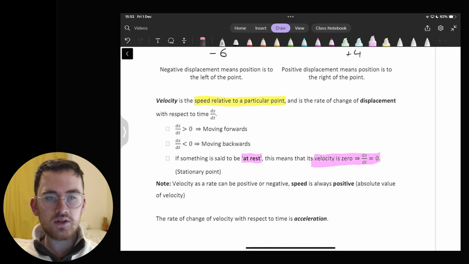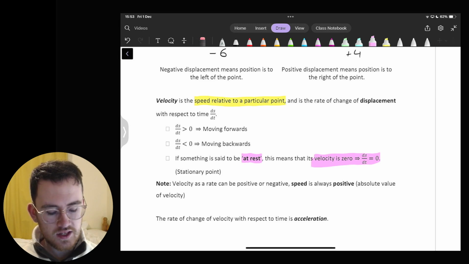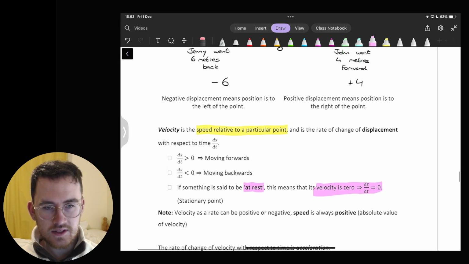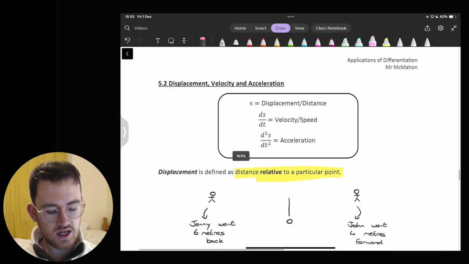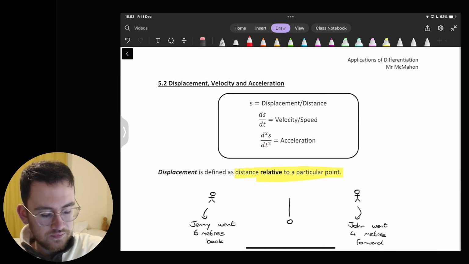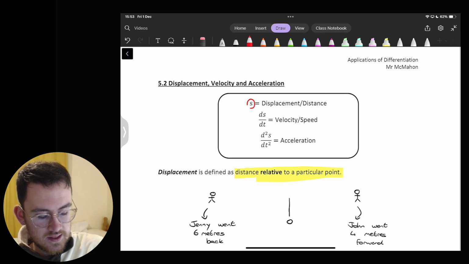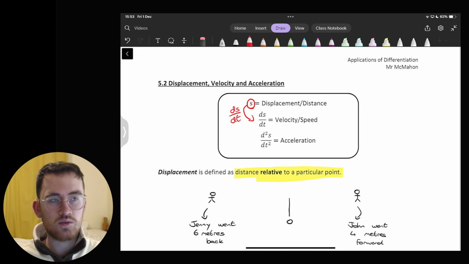Noting as well, velocity and displacement are related through differentiation. I kind of skipped over this at the start. With displacement, we start with s, and if we differentiate that, the rate at which my displacement is changing with respect to time is my velocity or my speed.